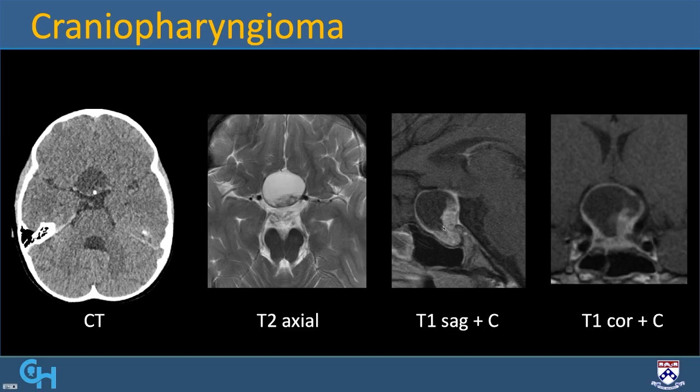On contrast, you can notice that there is enhancement in the solid component of this mass as well as rim enhancement. Again, same being shown here on the coronal plane. So remember, a suprasellar mass with complex cystic components and calcification within is going to be a craniopharyngioma.